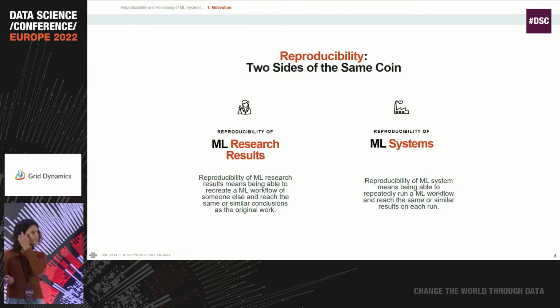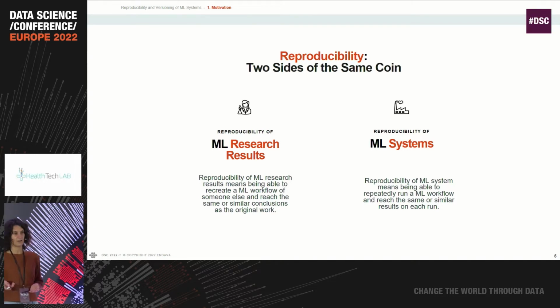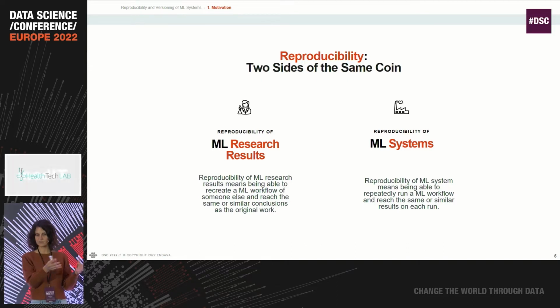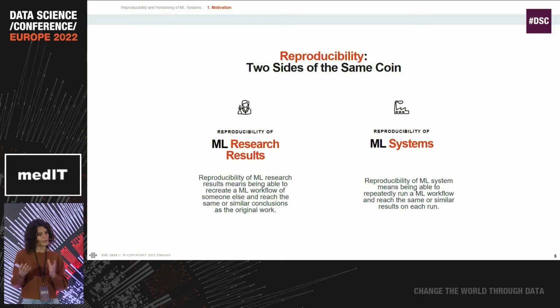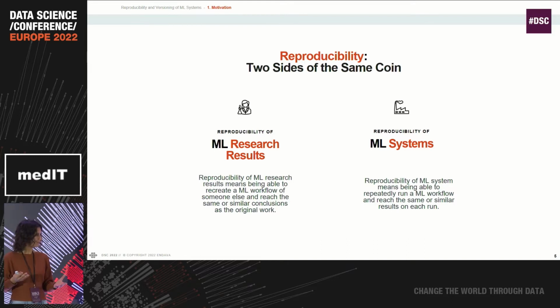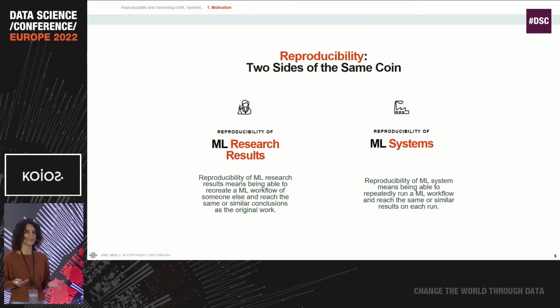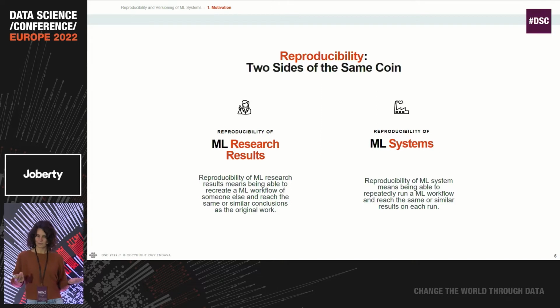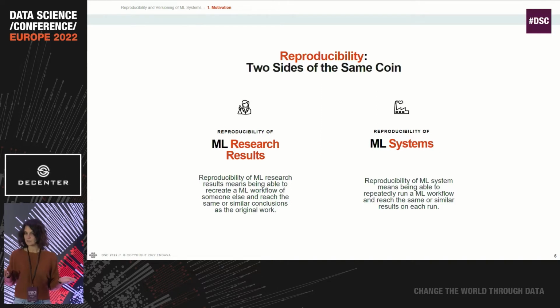Machine learning in research means that we are able to take the work of someone else, to take a machine learning workflow, and recreate it ourselves, and in the end obtain the same or at least similar results.